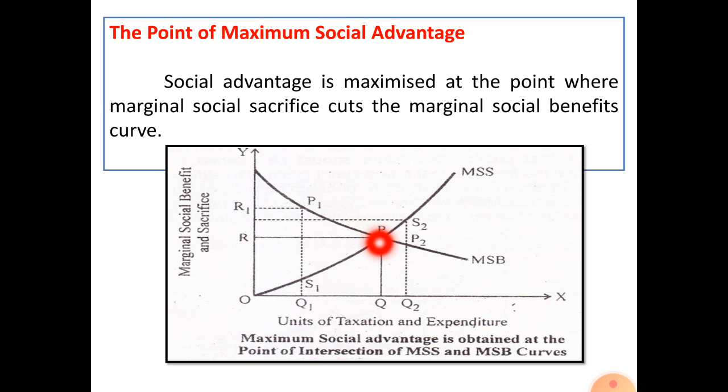Here marginal social benefit and marginal social sacrifice are the same at this point.